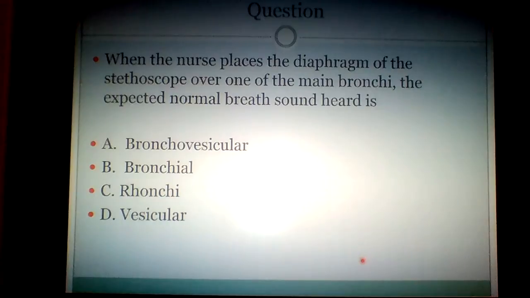Last question, guys. When the nurse places the diaphragm of the stethoscope over one of the main bronchi, the expected normal breath sound heard is... So, as we talked about earlier today, we talked about where we would hear these lung sounds.